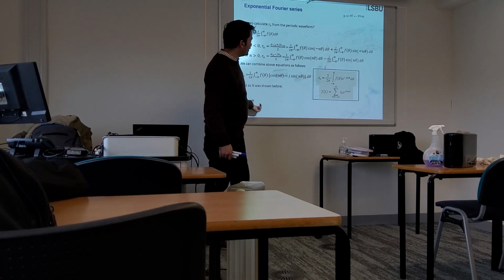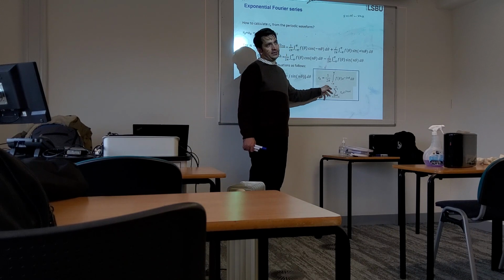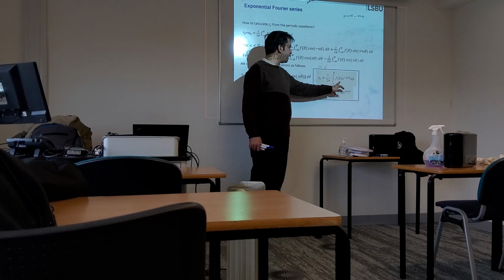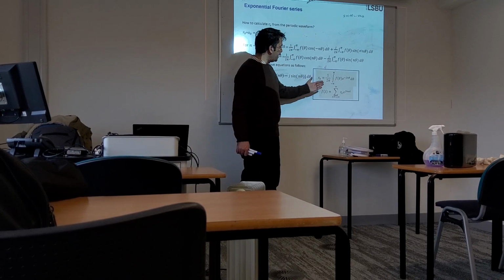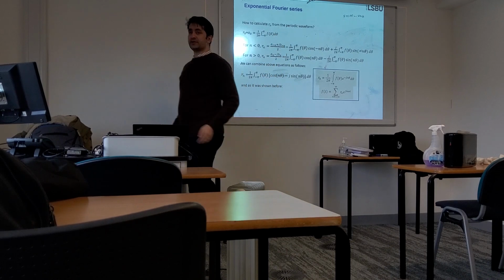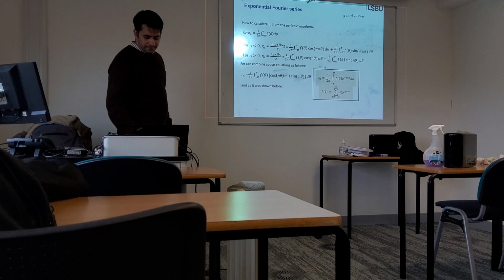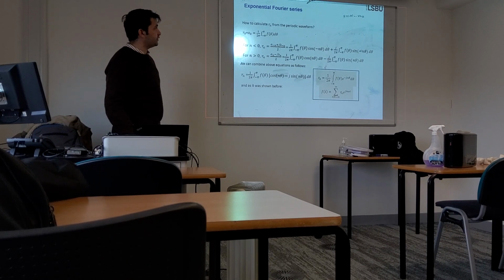Then finally we generalized this equation as Rn equals 1 by 2 pi, integral from minus pi to pi of f of theta e power minus j n theta, and once I have the Rn, I can use this equation, which is the main basic equation for the exponential Fourier series, and I can get the exponential representation of the Fourier series.